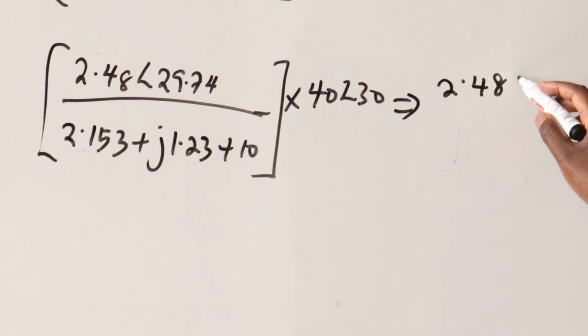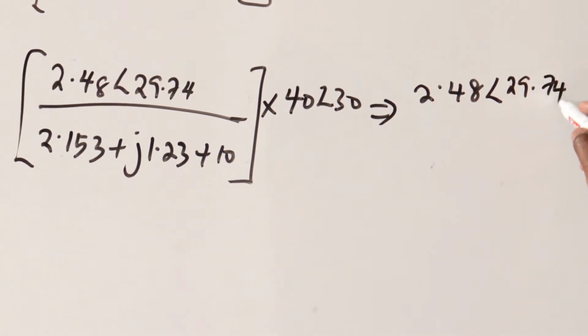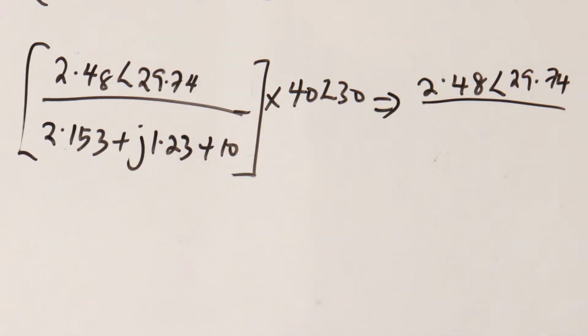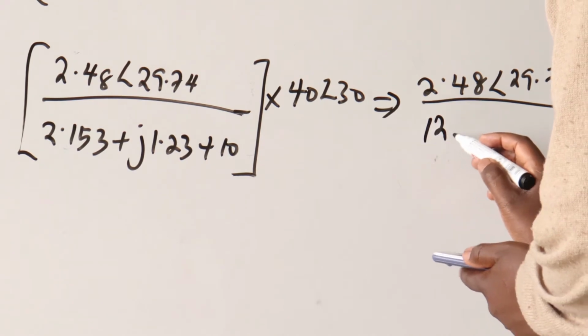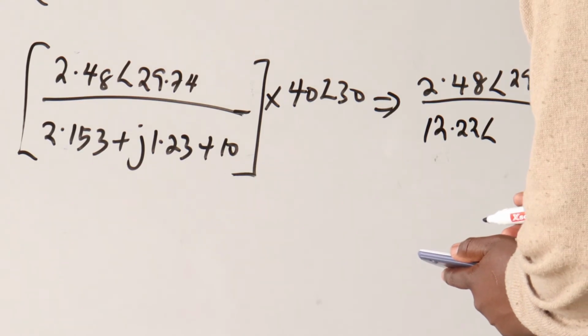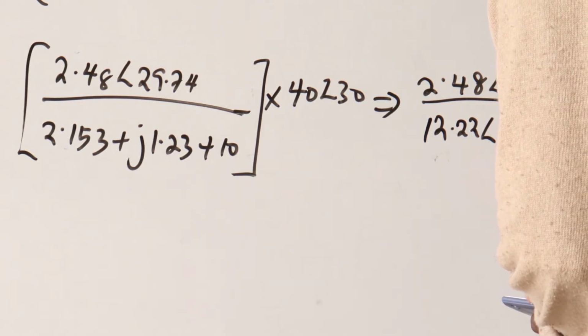We have 2.48, the angle is 29.74. We add and convert that into polar. 10 plus 2.153 is 12.153 plus J1.23. We shall have this as 12.22, and the angle here is 5.78.